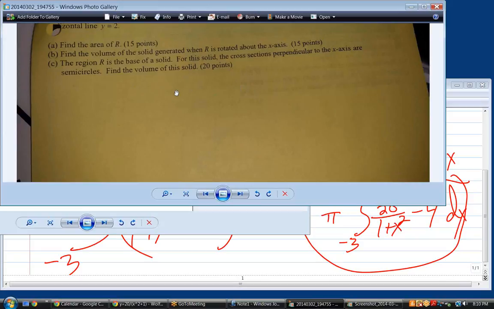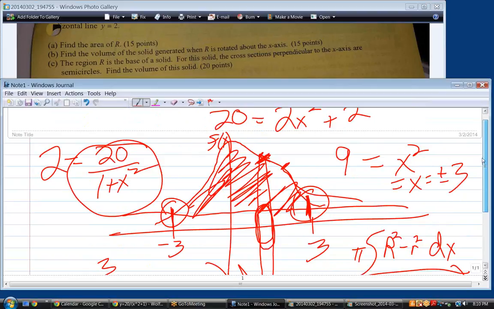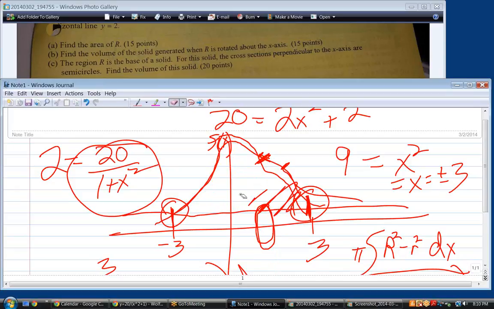187. The region R is the base of a solid. For this solid, cross-sections perpendicular to the x-axis are semicircles. Find the volume of the solid. So here's the base of our solid.